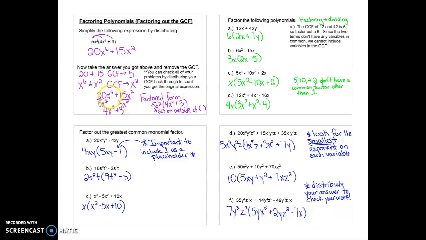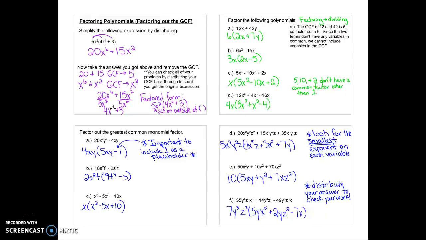So 20x to the 6th divided by my GCF of 5x squared: 20 divided by 5 is 4. X to the 6th divided by x squared. Remember your exponent rules: when you are dividing the same base, the shortcut is to subtract the exponents. So it gives me a 4x to the 4th left over.